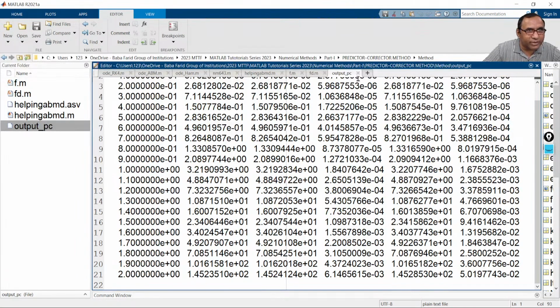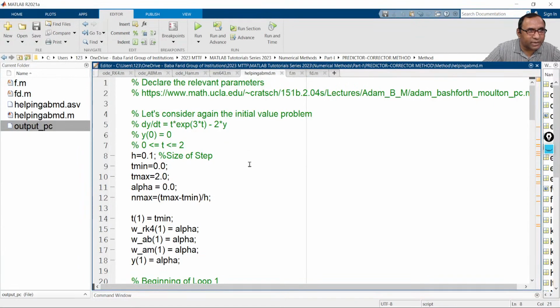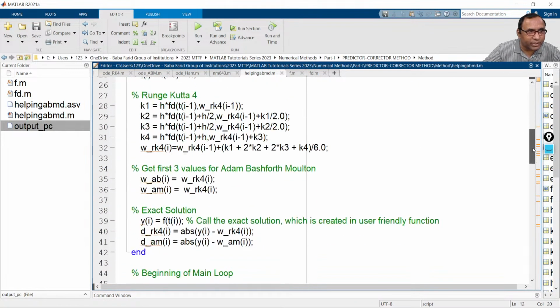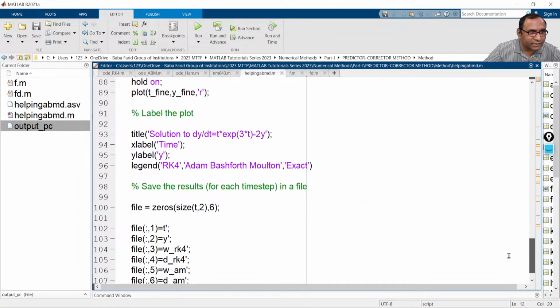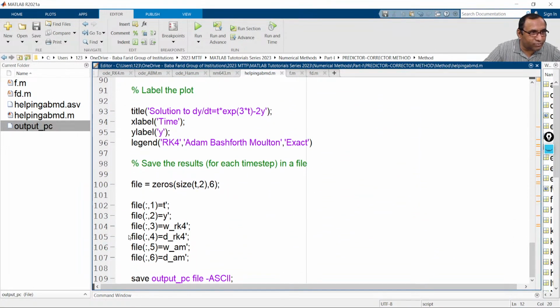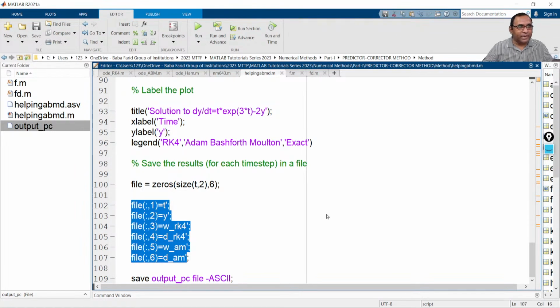Also, when you close this file, yes. All the columns which you have seen in the output file will be in this order. First we have time, then we have y, then we have Runge-Kutta fourth order, then we have the absolute error between the exact solution and the Runge-Kutta fourth order.